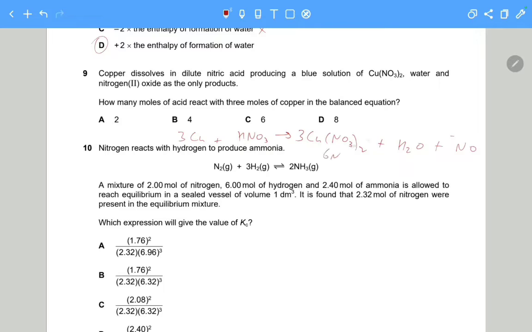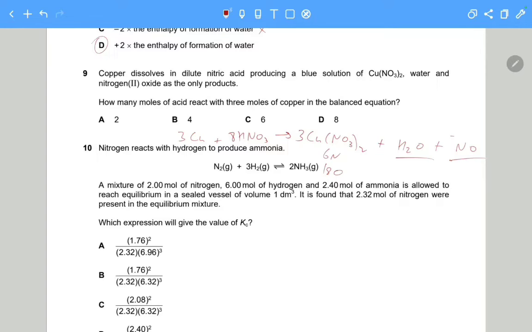We also have 3 times 2 times 3 oxygens, because it's O3 twice, so 6 into 3, 18 oxygens here. But remember, we have a nitrogen and oxygen here, and we have oxygens here as well. So let's put some number, for example 8 here, because that's the last option, option D.